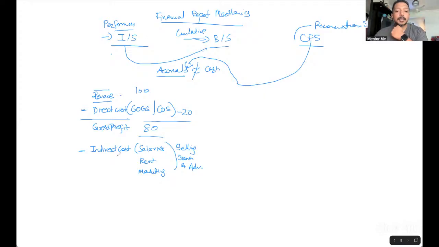These businesses did not function well because they spent huge money on indirect cost. And this directly brings us to a number which is very, very critical for a business, called EBITDA. Okay. The full form is earnings before interest, tax, depreciation, and amortization.